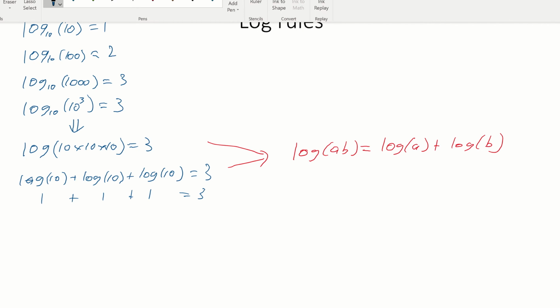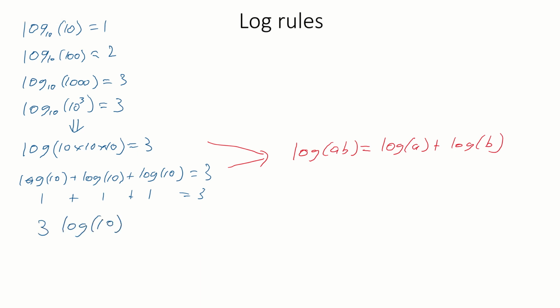Okay, but wait, there's more. Why don't we group together our common terms here? We've got log of 10 plus log of 10 plus log of 10, so we've got 3 lots of log of 10. 3 times 1 equals 3. But this takes us right back to the start. I could read log of 10 cubed equals 3.